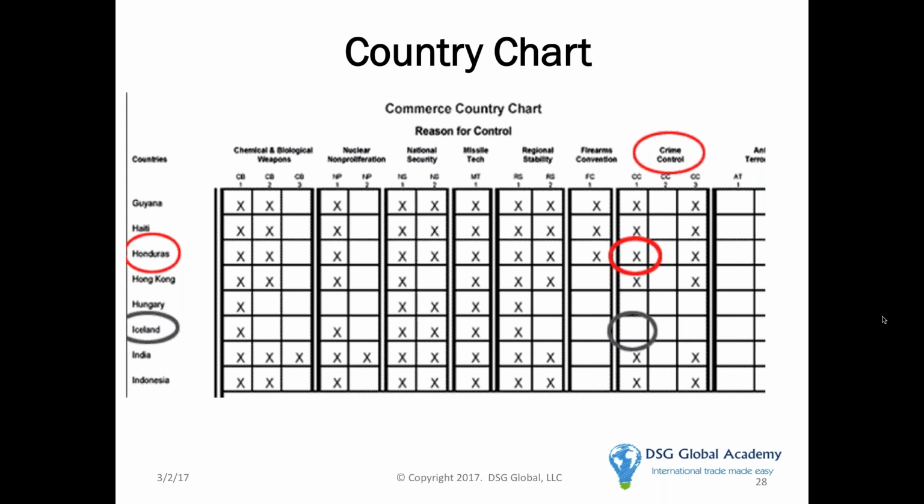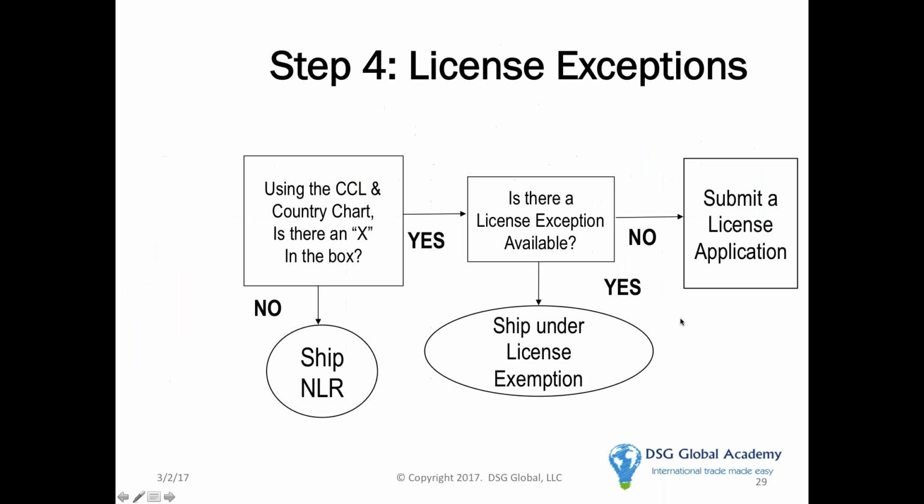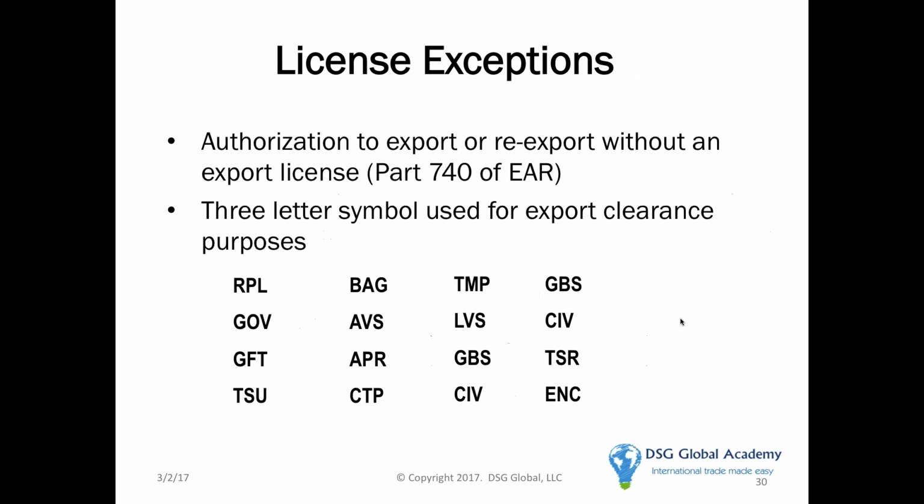So if you see, under Honduras and Hong Kong, there's an X in the box, but there's no X in the box for Hungary and Iceland. So you can ship to Hungary and Iceland, no problem, but because there's an X in the box for Honduras, you would need to apply for a license unless step 4 provides a license exception.